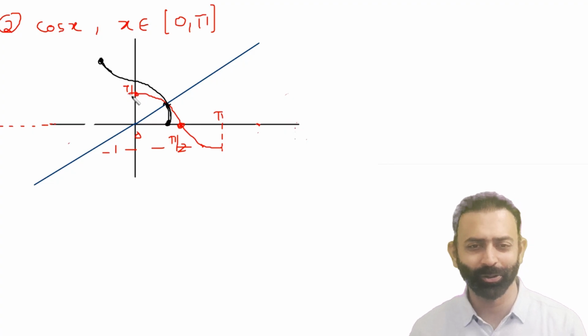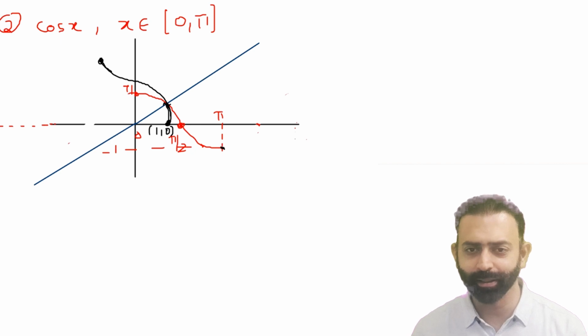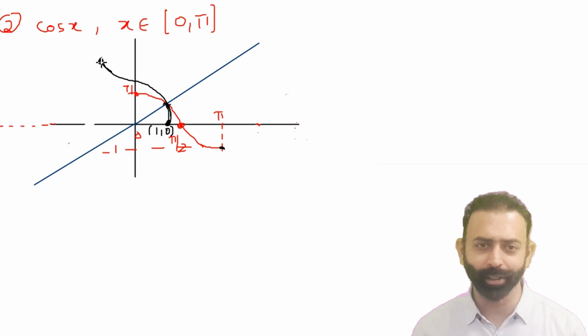So this point is 0 comma 1, so we get 1 comma 0 here. And this point is pi comma -1, so I obtain this point as -1 comma pi. So the x coordinate is -1 and the y coordinate will be pi.